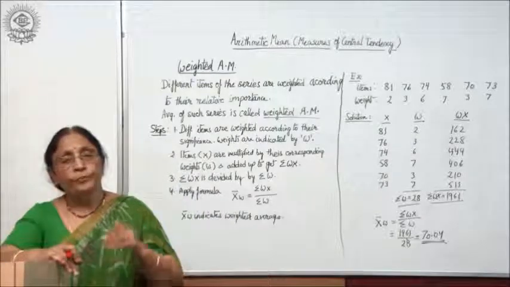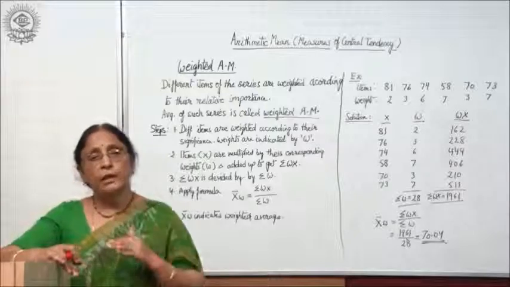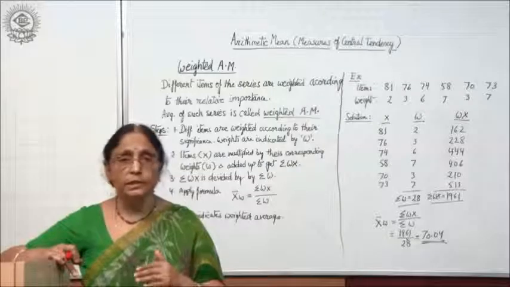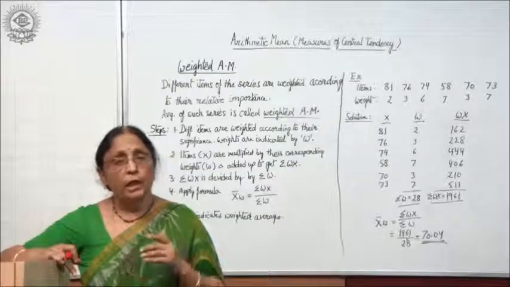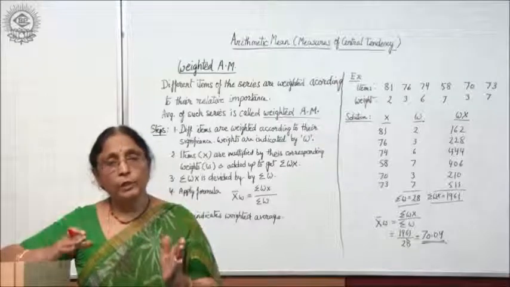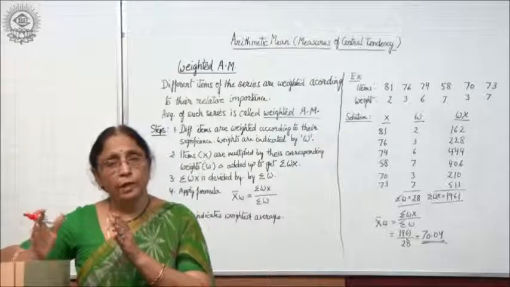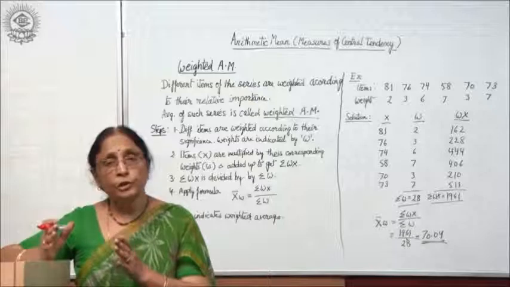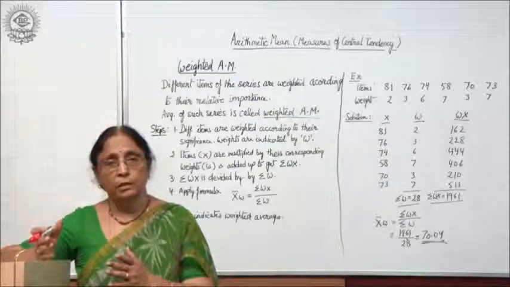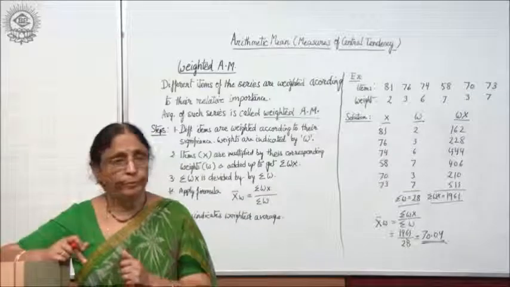So weights are given according to preferences or necessities, and giving weights gives you the actual mean of the items of the series, according to their importance, which is termed as weight.